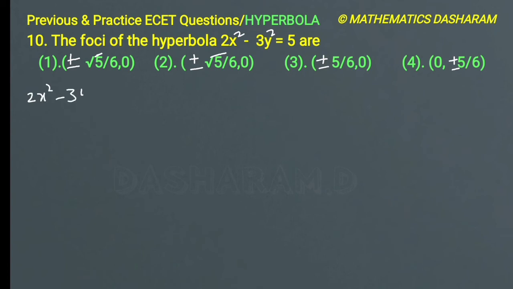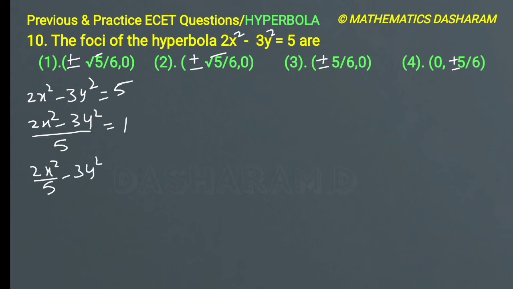Tenth question, the foci of the hyperbola 2x square minus 3y square equals 5 are. Let's convert into standard form. 2x square minus 3y square divided by 5 equals 1. Split into two fractions. 2x square by 5 minus 3y square by 5 equals 1.